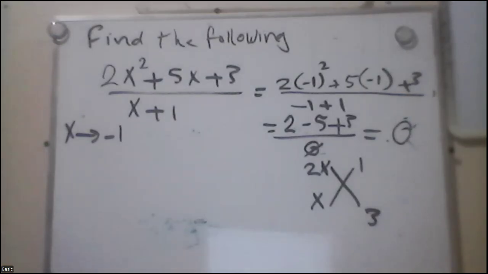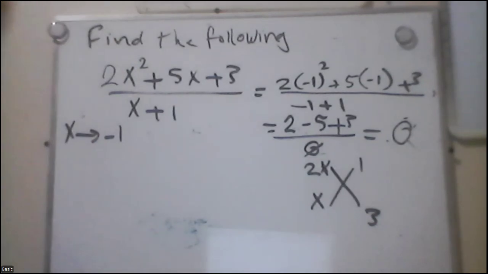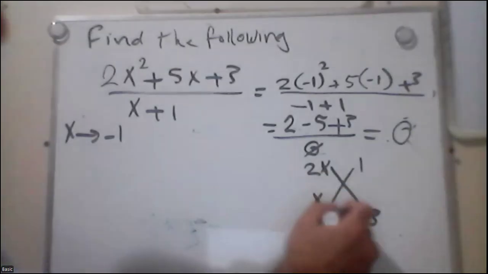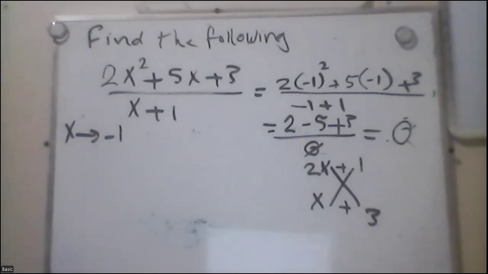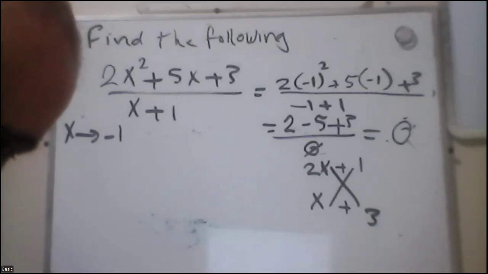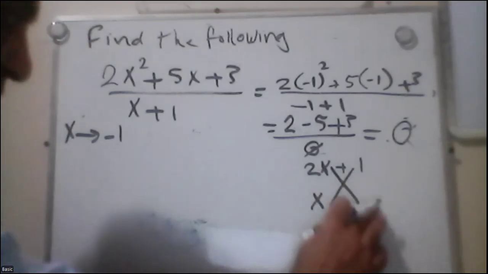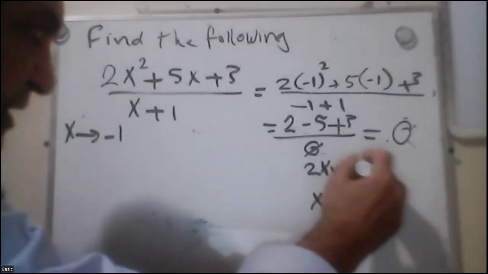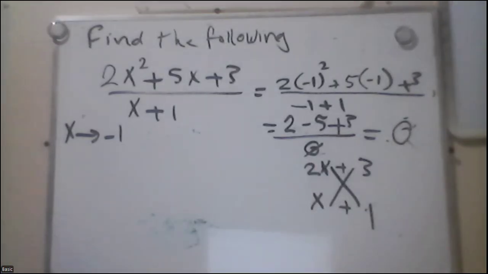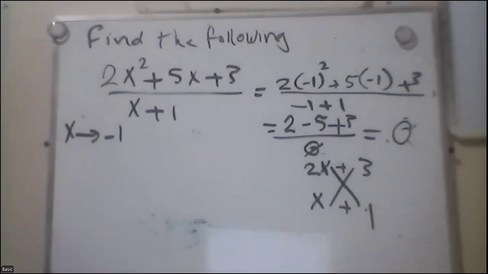Now we will make a solution for this. We have x plus 1 and 2x plus 3, because 3x and 2x will equal 5x.